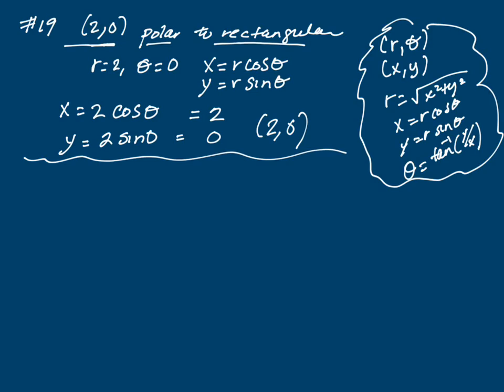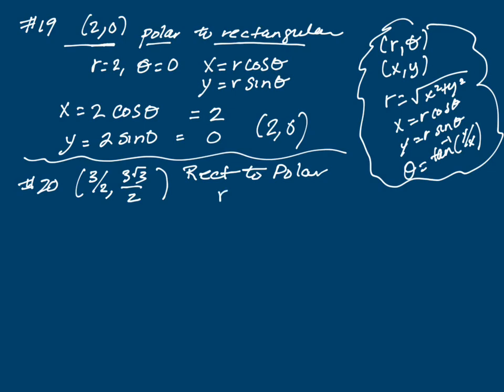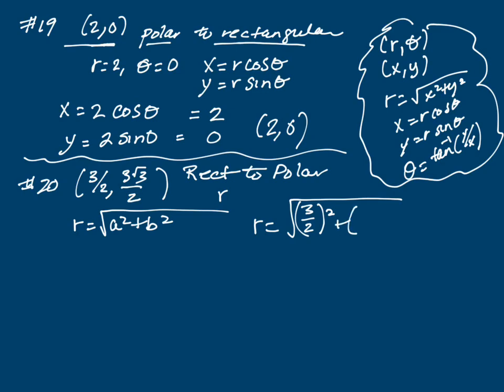Okay. Number 20. We have to go from rectangular, so we have 3 halves and 3 square root of 3 over 2, to polar. Okay. So in this case, we need to get an r, and we know the formula for r. R is the square root of a squared plus b squared, or x squared plus y squared. So that's r equals the square root of, now take your time to do this, 3 halves squared plus 3 square root of 3 over 2 squared.